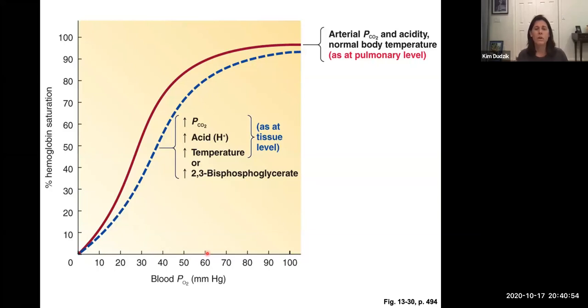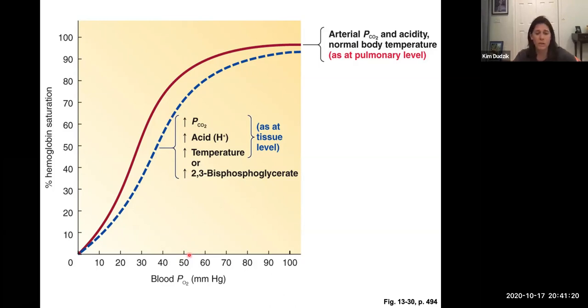What is the normal partial pressure of oxygen at the tissues or at the venous end? And you tell me 40. Okay, then I'm going to ask you, what's the percent saturation of hemoglobin at 40? And you've got to go up, up, up until you hit the curve, boom, right there. That one's 75. Okay, I could ask you any one of these.